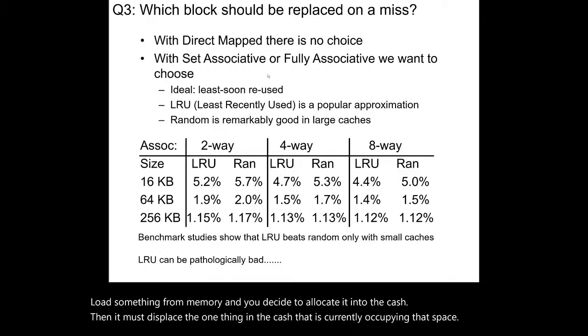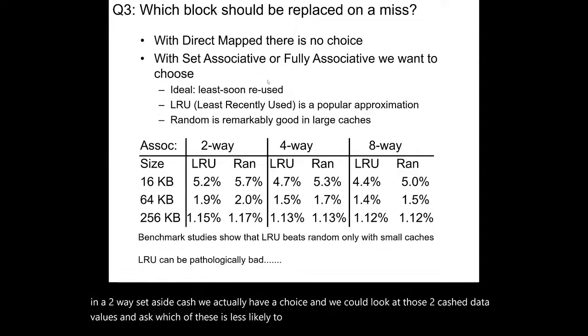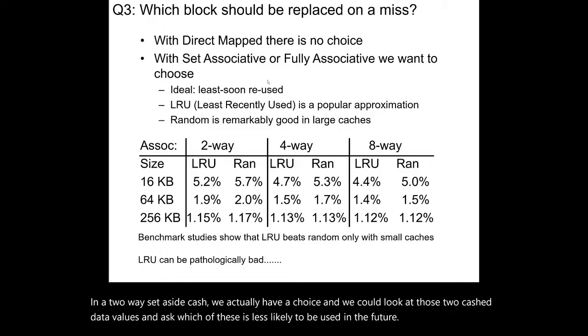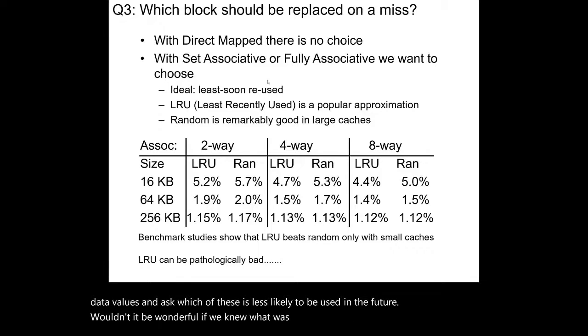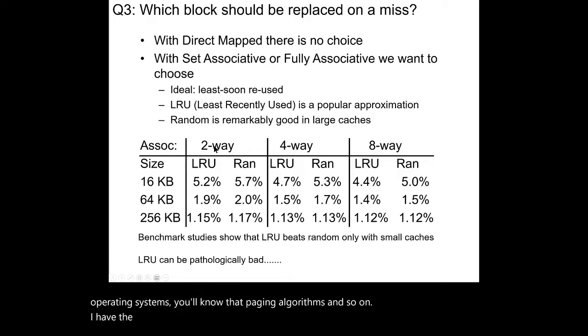In a two-way set associative cache, we actually have a choice, and we could look at those two cached data values and ask which of these is less likely to be used in the future. Well, wouldn't it be wonderful if we knew what was going to happen in the future? If you've studied operating systems, you'll know that paging algorithms have the same problem and for the same reasons.